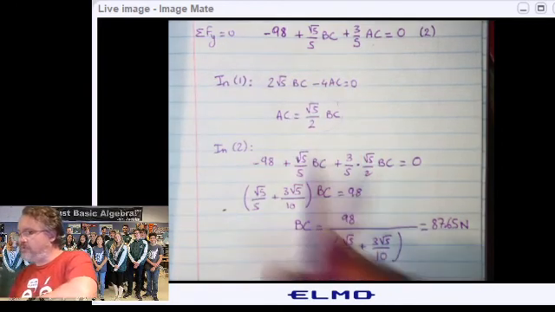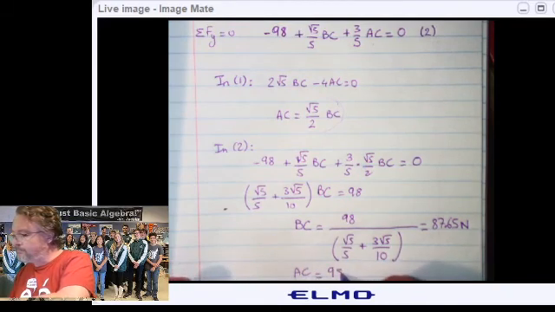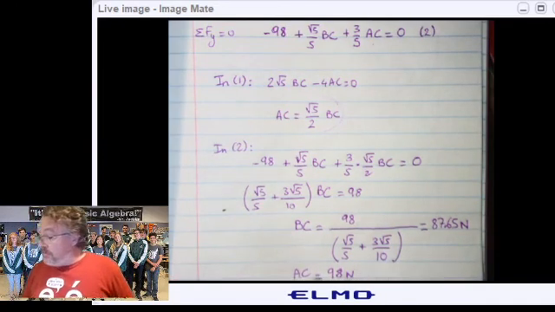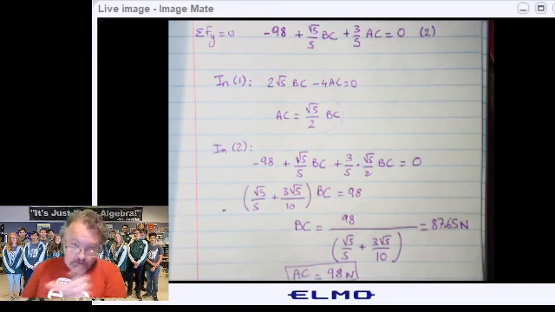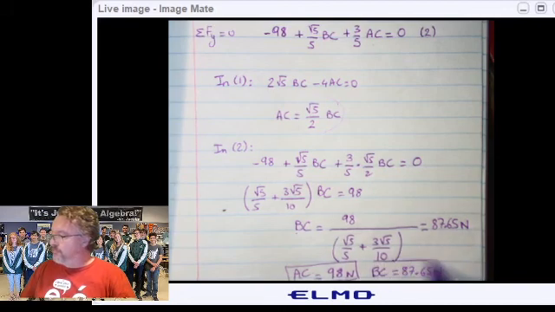So that is for AC, in newtons. So this AC equal 98 newtons is the force transmitted in the cable AC, and the force BC will be 87.65 newtons.